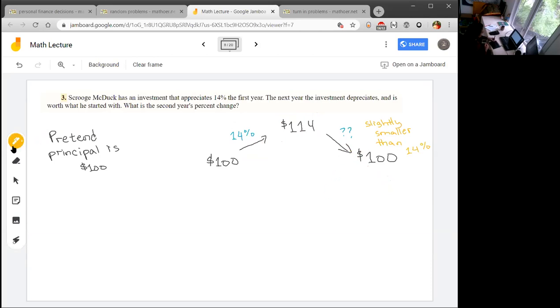So we've done lots with percent sentences. What we're actually asking is $14 is what percent of the 114? Everyone see why this is our question?